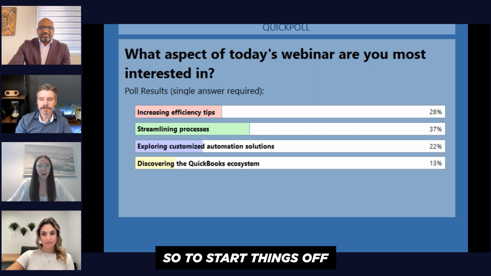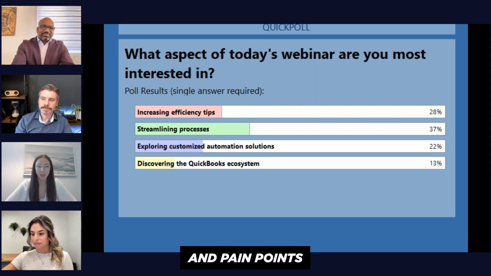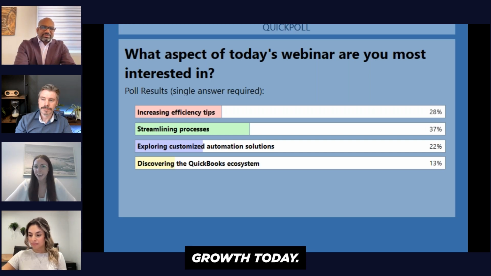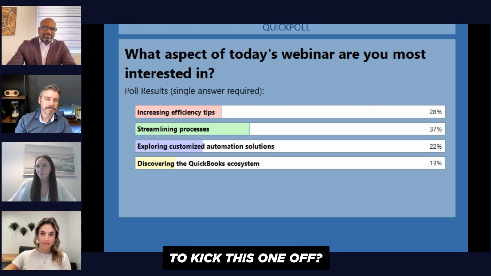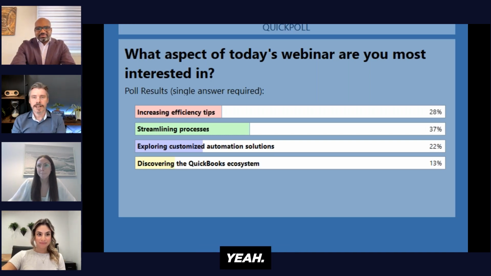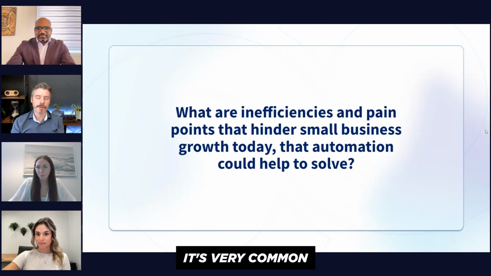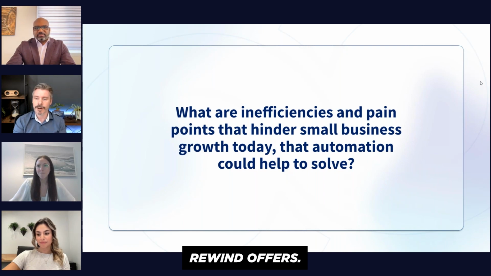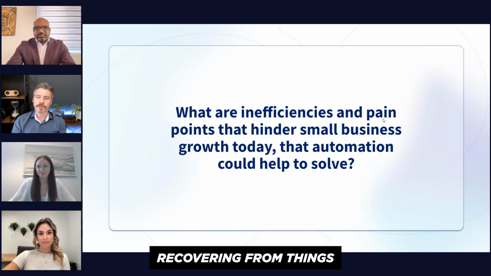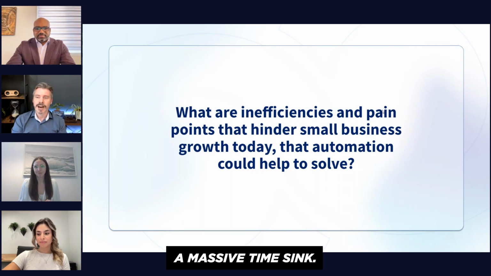So to start things off, we're going to start with the question, what are inefficiencies and pain points that hinder small business growth today that automation could help to solve? Scott, do you want to kick this one off? Yeah, sure. Speaking to many of our customers, it's very common to hear, especially from the backup perspective, which is what Rewind offers, that recovering from simple mistakes can be a massive time sink.